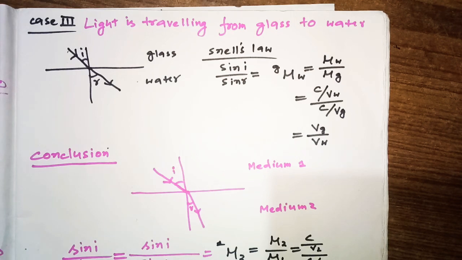Sin i by sin r will give us what? Relative refractive index of the medium to where light is going with respect to the medium from where the light is coming. Here the light is going to water from glass, so sin i by sin r is the relative refractive index of water with respect to glass, right? And it will give us what? Velocity of light in glass divided by velocity of light in water.